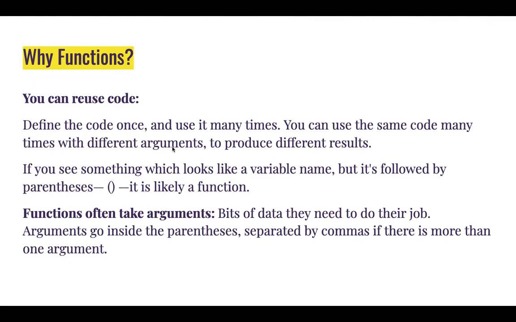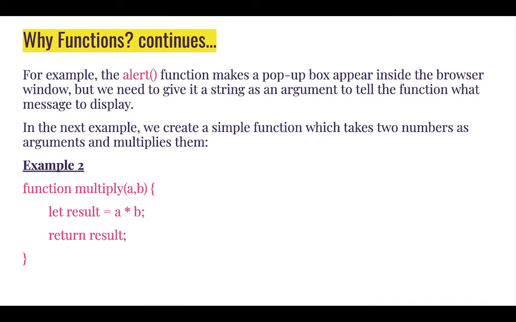If you see something which looks like a variable name but it is followed by parentheses, it is most likely a function. Functions often take arguments, that is the bits of data they need to do their job. Arguments go inside the parentheses, separated by commas if there is more than one argument.